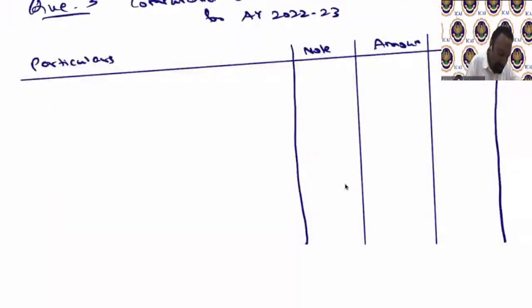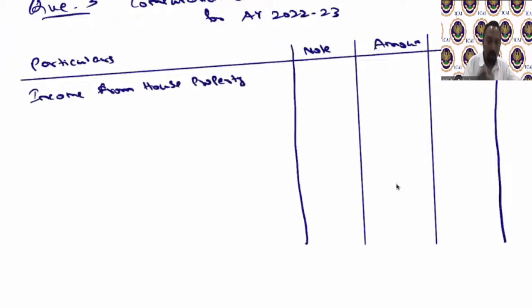So we'll have to start with income from house property. You can either work it out under itself or put a separate note, and there you can calculate income from house property. So you can do either way. What we'll do is we'll first try this method with the heads here and working in a separate note. So I'll put note 1.